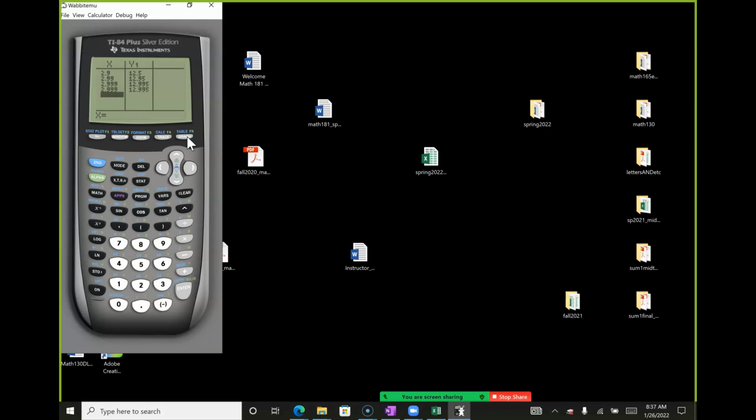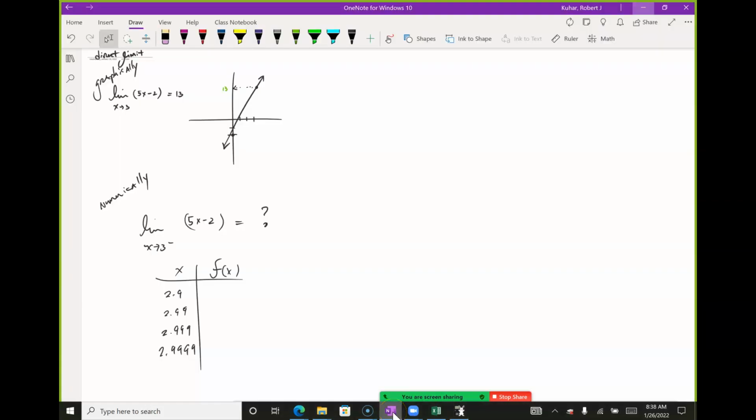These calculators are horrible, I call them dinosaurs. So you can see once I got to 3 decimal places, I can predict a 13, which we knew anyway. But again, remember, we're going to be verifying things we do algebraically. How are we doing here? So what did I get?